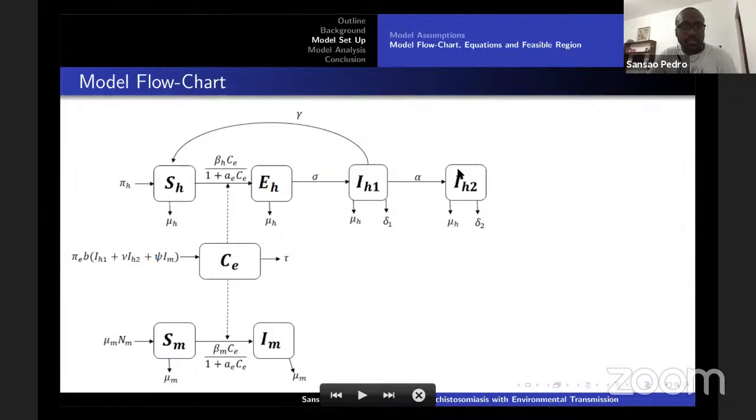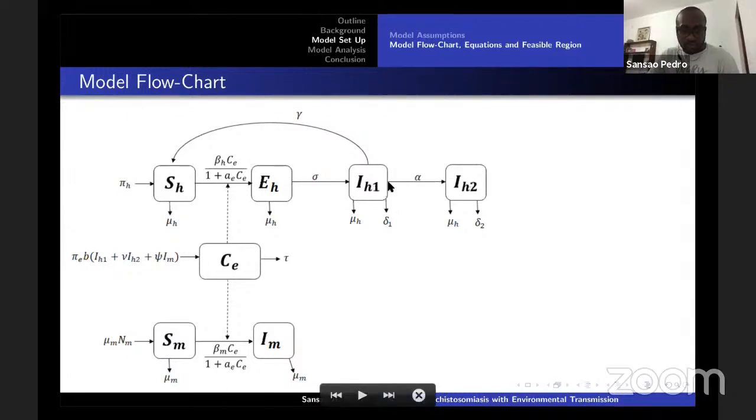So the human population is divided into 4 compartments: susceptible, those who are vulnerable to infection but not yet infected; those who have been infected but are not yet infective; and here we have those that are infective or newly infected, but have not developed concomitant immunity.